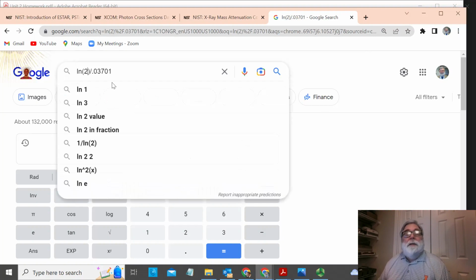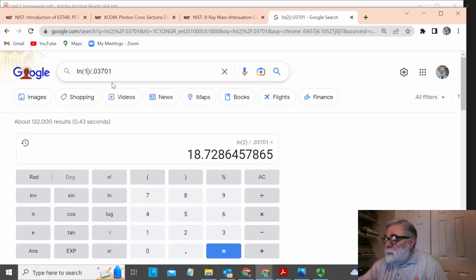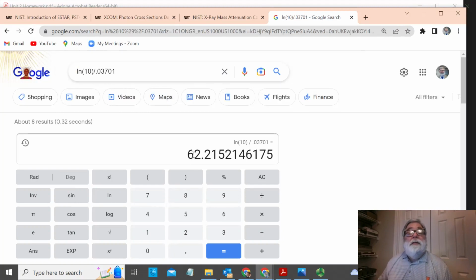And if I make it a tenth value layer, ln of 10 divided by the attenuation coefficient, that would be 62 centimeters. So it's a lot more material. 60 centimeters is more than a foot; 30.5 centimeters is a foot, so 62 centimeters is more than 2 feet.